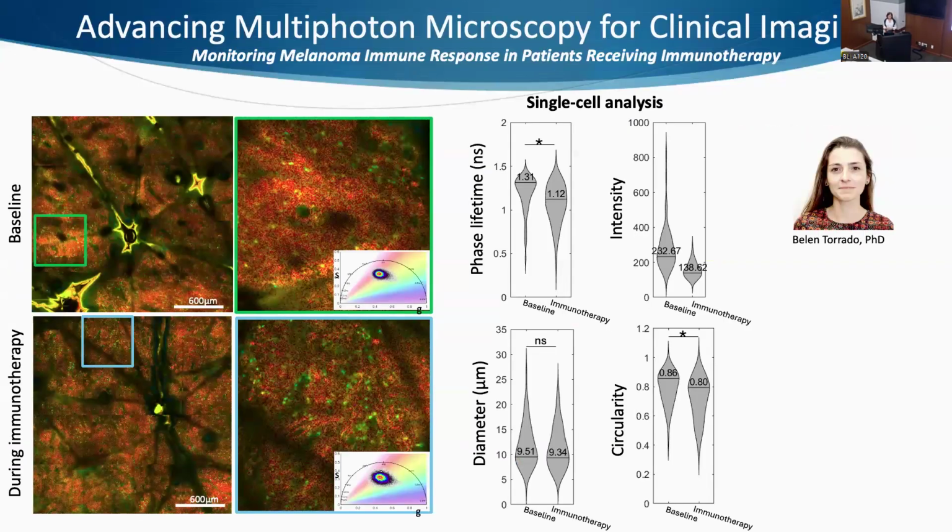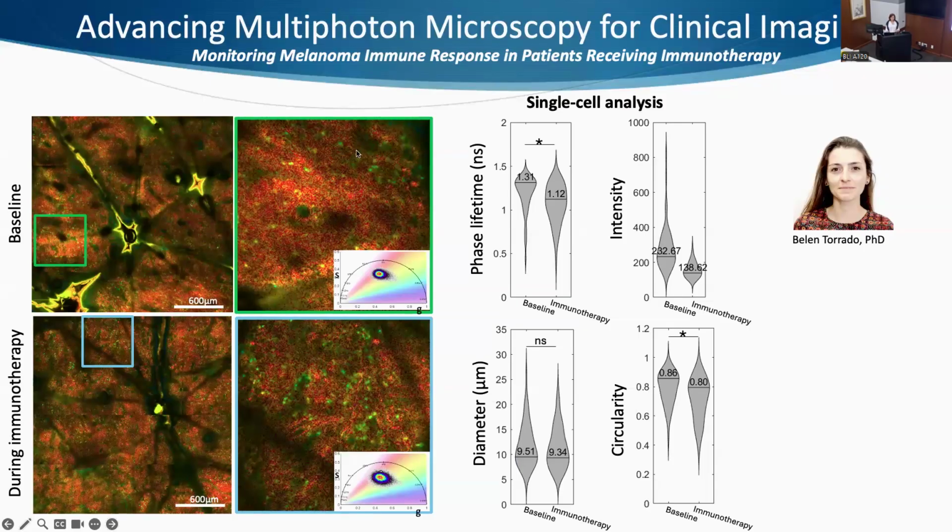We also started a very interesting study monitoring the melanoma immune response at the cellular level in patients receiving immunotherapy. These are very preliminary data, just a representative example that I picked from a patient where we imaged at the baseline before he started immunotherapy.